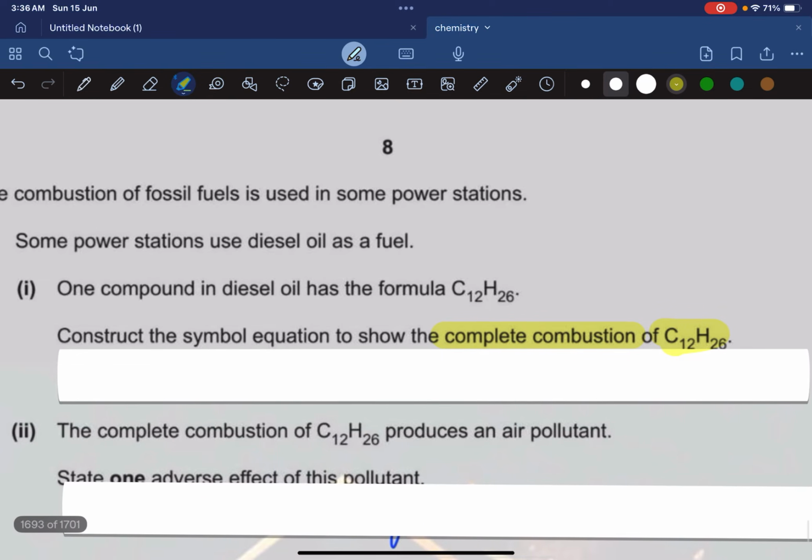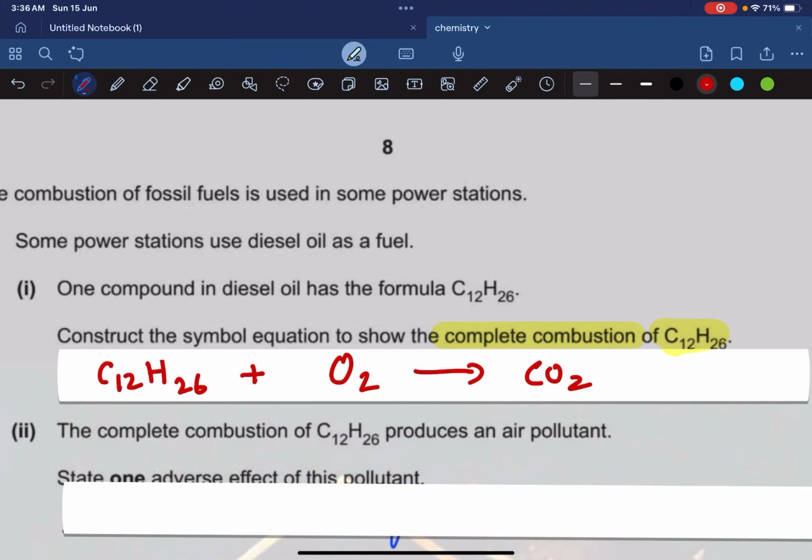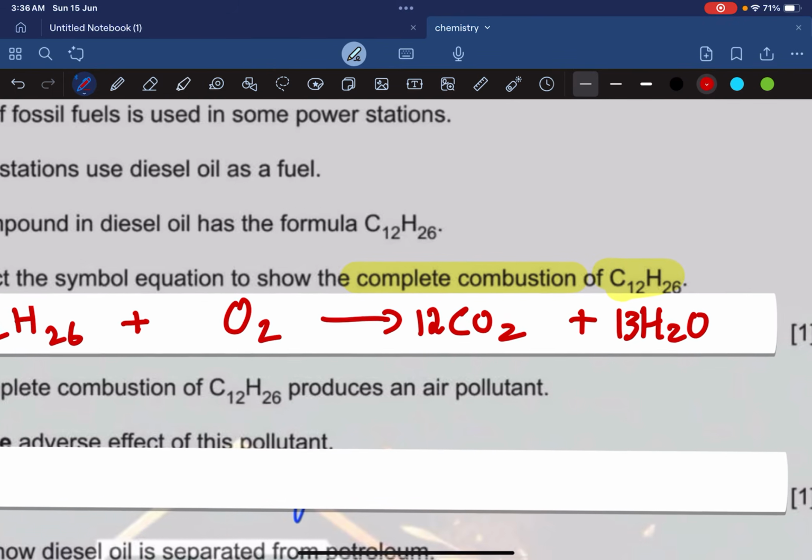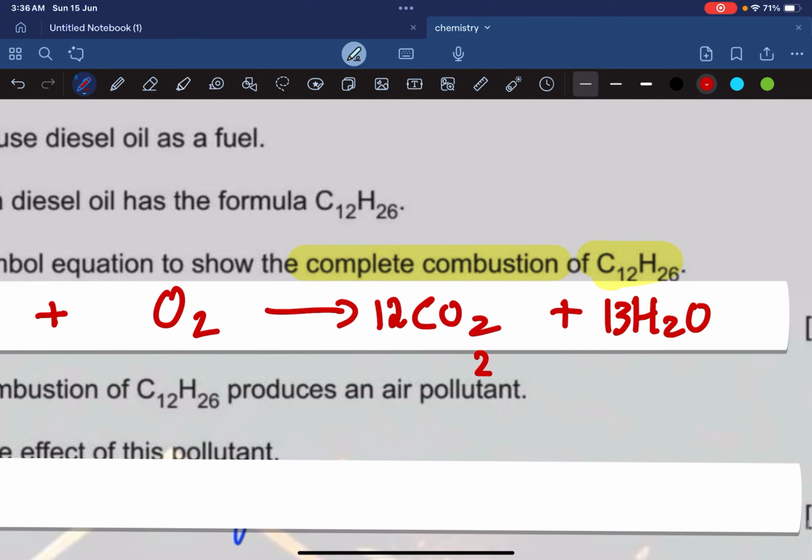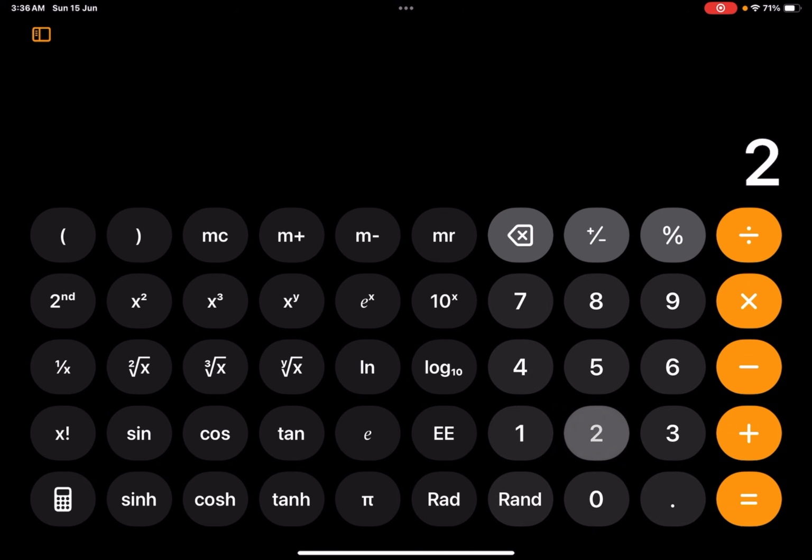So how to do combustion? For combustion, we first take C12H26. We have to add oxygen to it, and now we're going to form carbon dioxide and water. To balance it out, we have to take 12 carbon dioxides over here, and because it's 26 hydrogens, we have to take 13 waters over here, half of 26. That's simple balancing, I guess. That's going to be 24 plus 13, and that gives me 37.